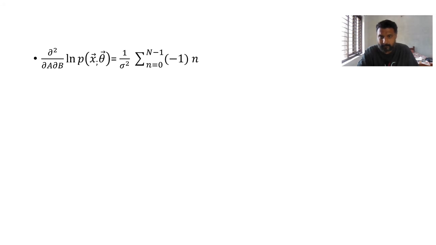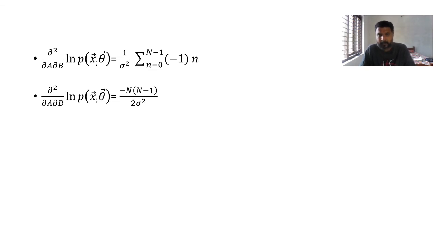In the previous case it was n², here it is just n, so minus 1 by σ² times N(N minus 1) by 2. So ∂²/∂a∂b ln p(x;θ) is minus N(N minus 1) by 2σ². Anyway, I have written this directly.